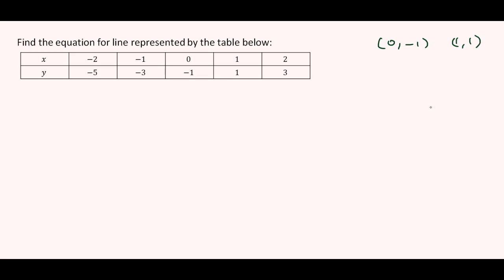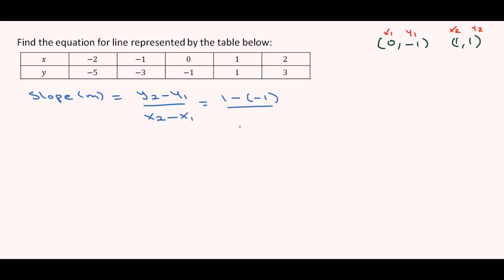So here's how we're going to go about it. We got x1, y1, x2, y2. So now let's go ahead and get our slope. Slope m is going to be y2 minus y1 over x2 minus x1. y2 is 1 minus y1, negative 1. x2 is 1, x1 is 0.